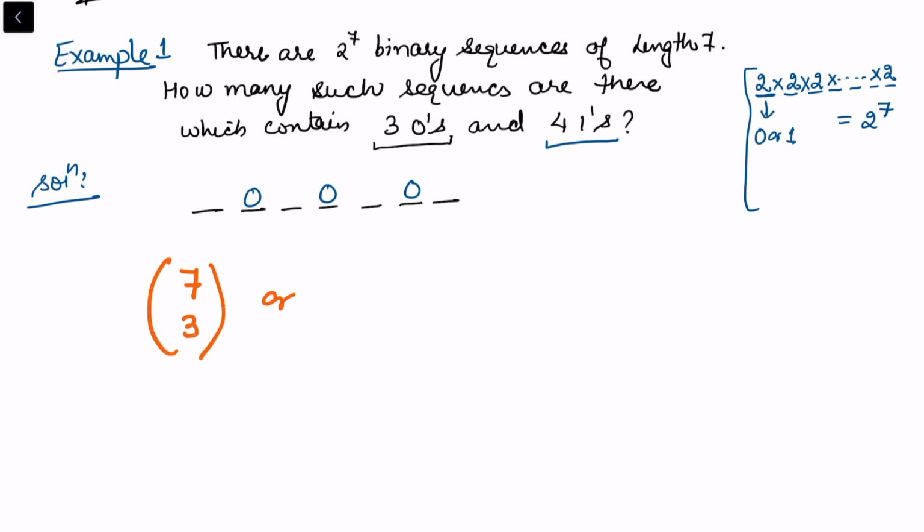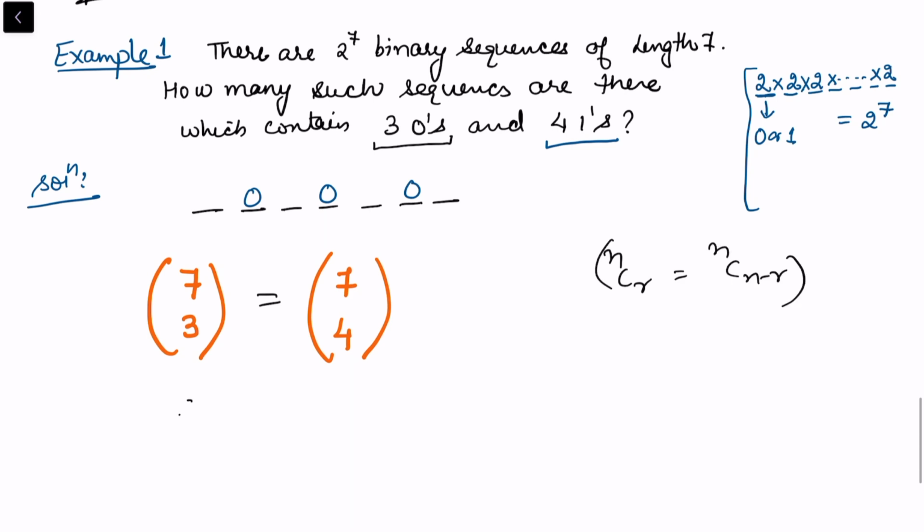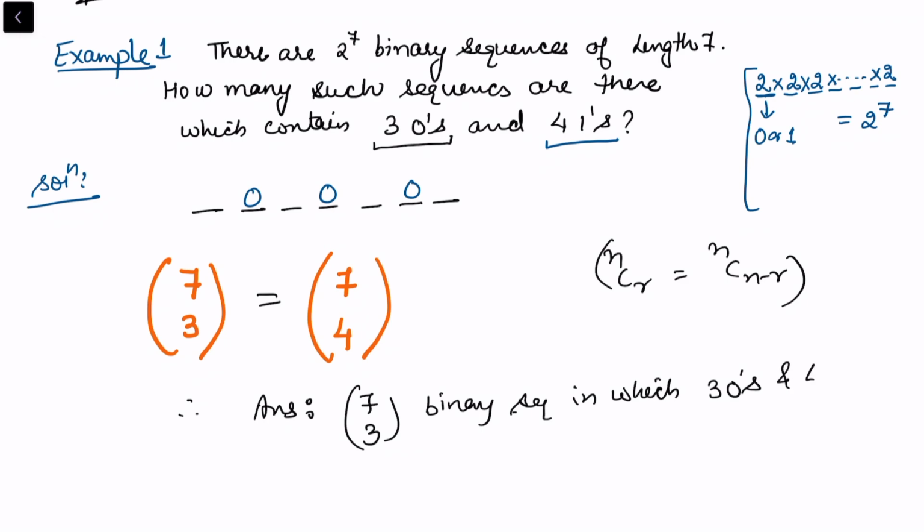Or you may simply say out of 7 you will select 4 ones. Both of these are equal. We have just seen because of this equality that nCr is the same as nC(n minus r). So we will simply say such binary sequences are given in the form 7 choose 3. These are binary sequences in which we will have 3 zeros and 4 ones.